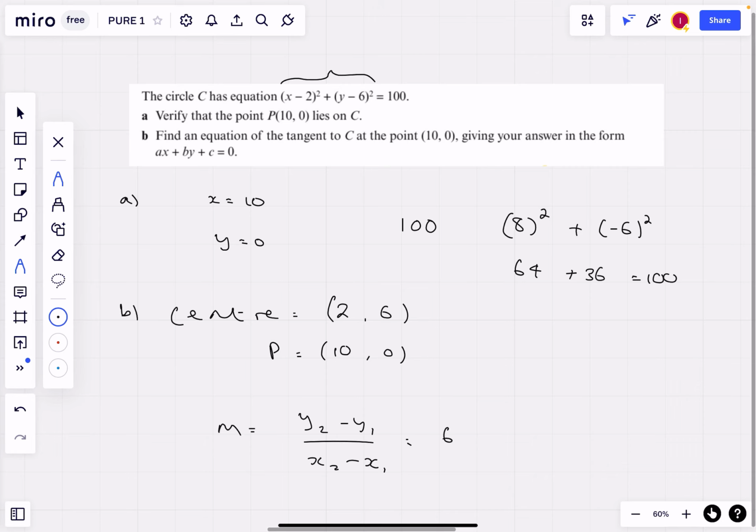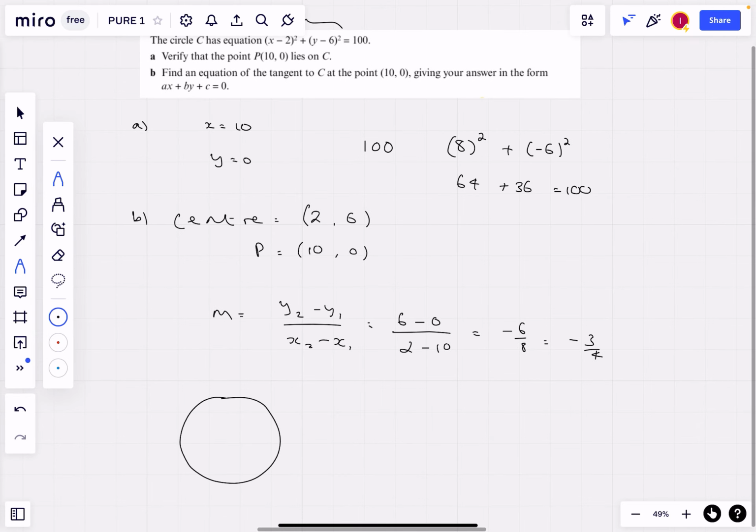So 6 minus 0 over 2 minus 10, sorry. So that gives you minus 6 over 8, which is minus 3 over 4. That is the gradient of the line going from center to P.